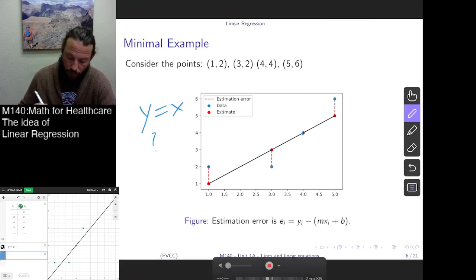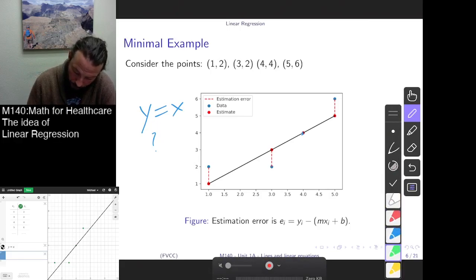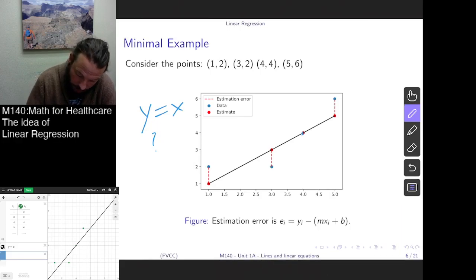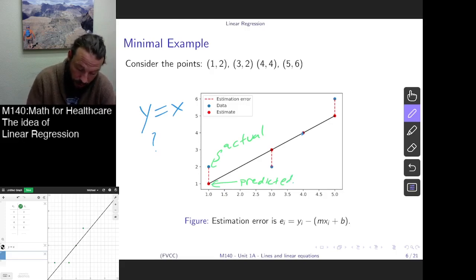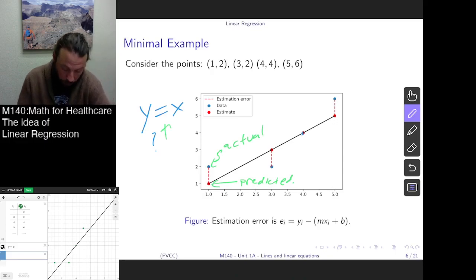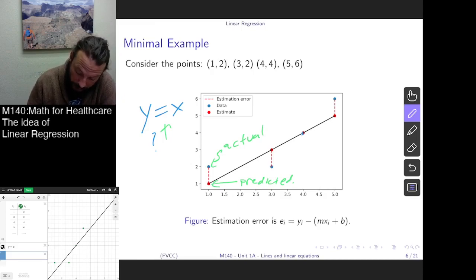So for this first data point, this is the actual in blue, and the red is the predicted by our line, right? I plug in 1 for x, I should get 1 for y. That's what my guess says. What we're interested in is certainly the 2 minus the 1, the length of that red line.